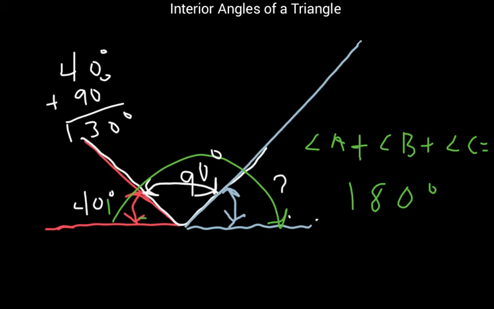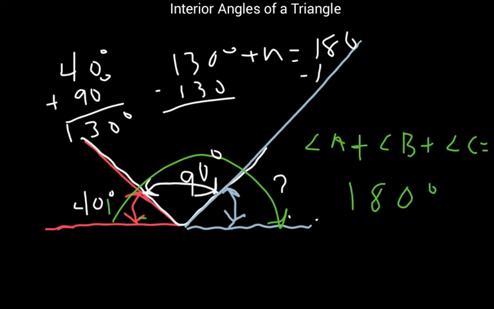And then the missing part would be whatever I have to add to 130 to get 180. So I can subtract 130 from both sides and figure out that the missing angle must be 50 degrees.